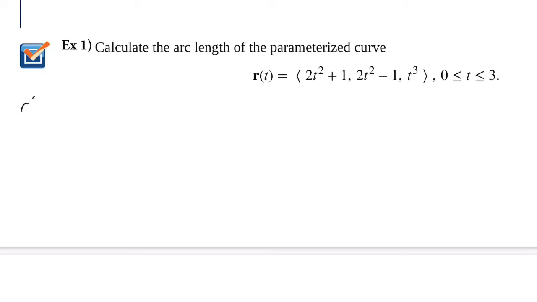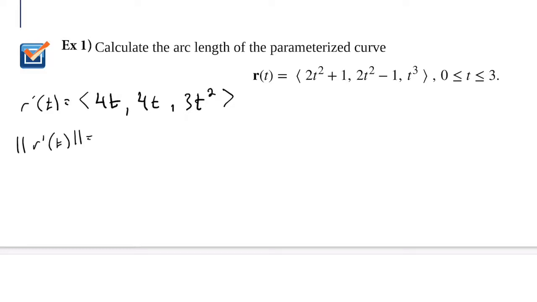Let's start by finding r prime of t. The derivative of 2t squared plus 1 is 4t. The derivative of 2t squared minus 1 is also 4t. And then the derivative of t cubed is 3t squared. Now we can find the magnitude. The magnitude of a vector-valued function is just the square root of each component squared.